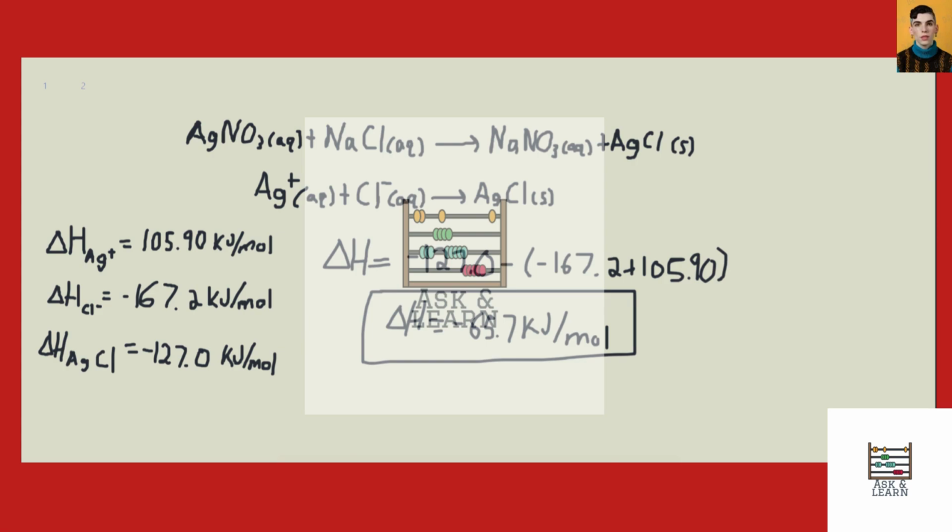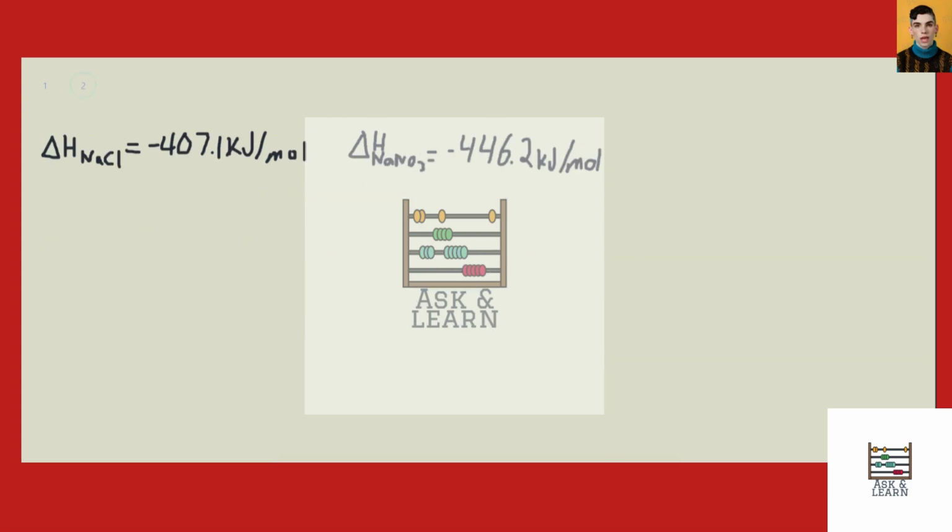That's going to make it so that delta H for our net ionic is going to be the same for our overall reaction. So now for part C, they want us to use the results from part A and B to determine the value of delta H for AgNO3.